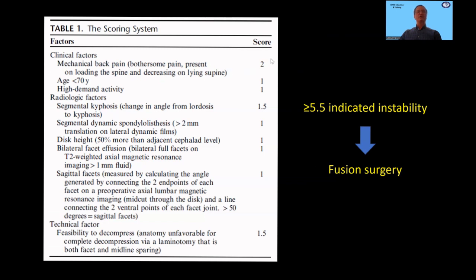One of the most important things in that scoring system is mechanical back pain. It is 2 points. We must almost never consider a fusion surgery in lumbar spine stenosis patients without any back pain.